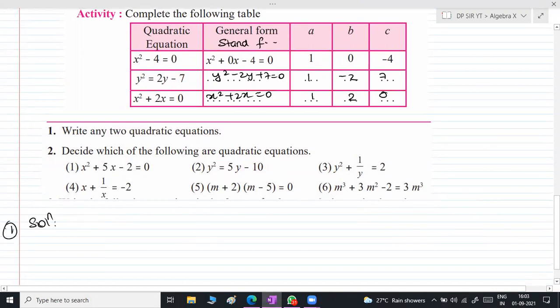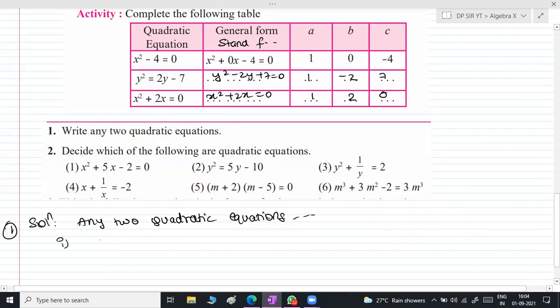This is the solution to my first question, and what I have been asked is, write any 2 quadratic equations. So it can be any. So I'm just writing what I'm having here. Any 2 quadratic equations are as follows.